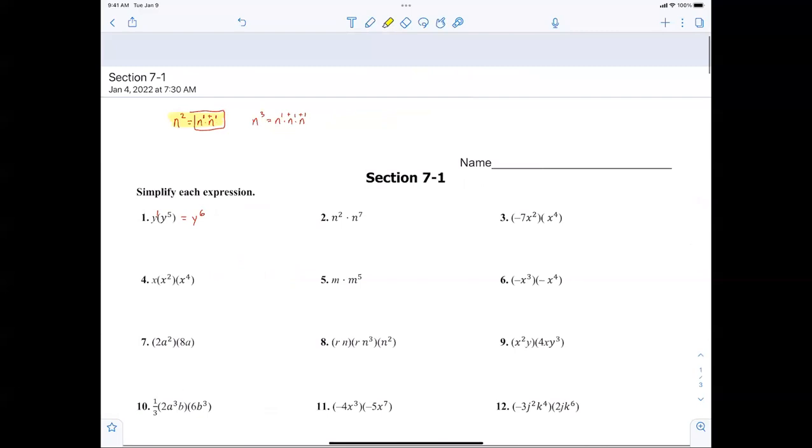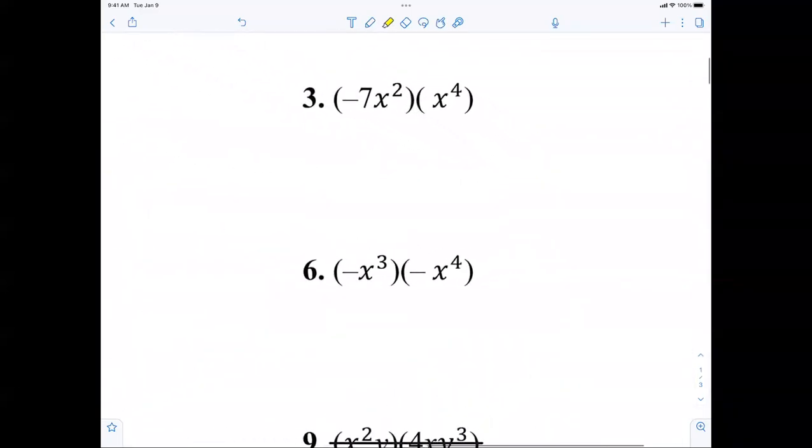All right. So here we go. Over here, number 3. Riley, you good to start? Okay, number 3: negative 7x squared times x to the fourth, which is just 1x to the fourth. So again, I didn't say this rule, but this is saying, what's negative 7 times 1? You multiply numbers still.